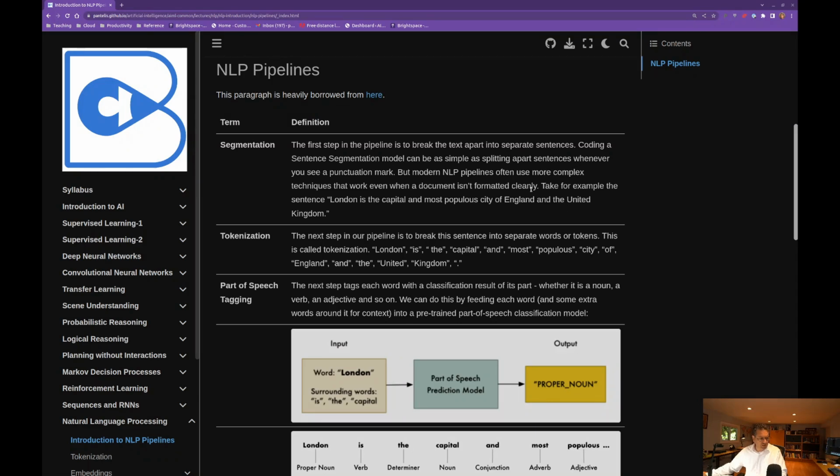Effectively, let's take a sentence: London is the capital and most populous city of England and the United Kingdom. During that stage, a paragraph that the user may have inserted, which could be pretty sizable, is segmented into sentences, from the beginning of the sentence until the full stop.